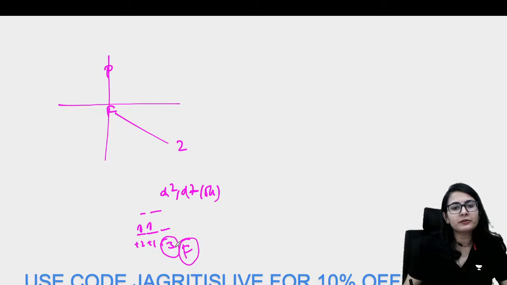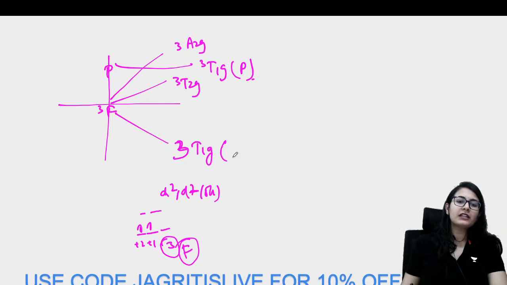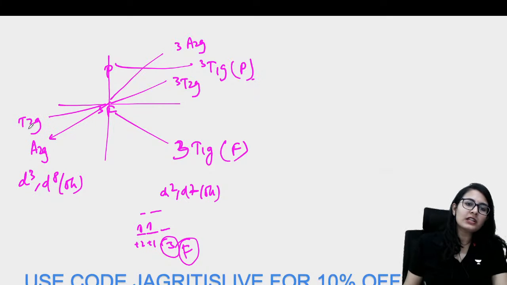The 3F term is going to split into 3T1g, 3T2g, 3A2g, and this is your 3T1g from the P term. This is 3T1g from the F. Similarly, if you have d3 and d8 octahedral, A2g comes below, and this is your T2g now.